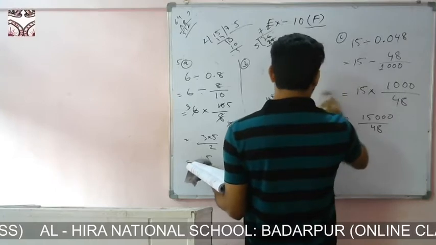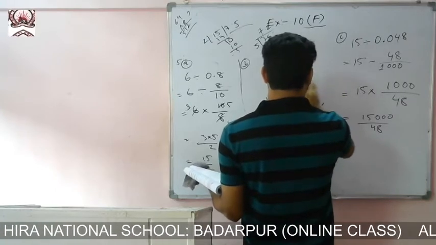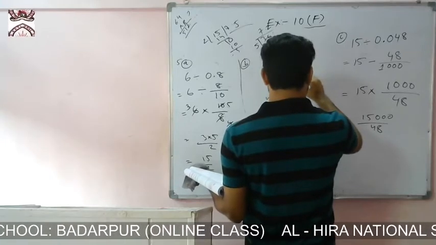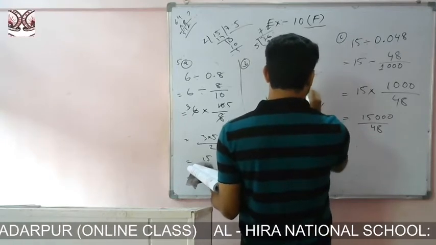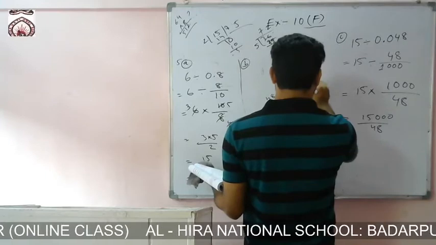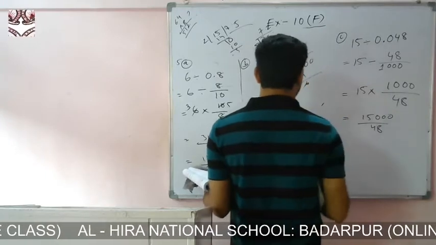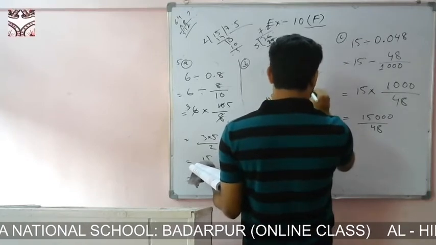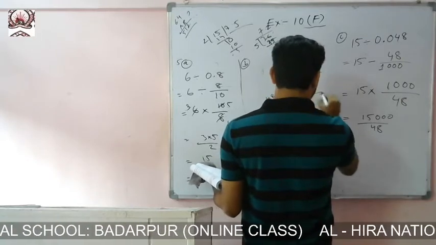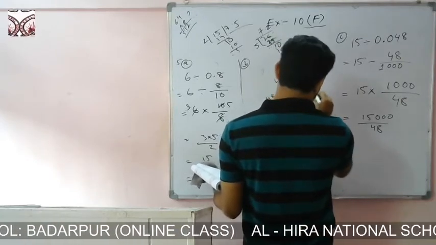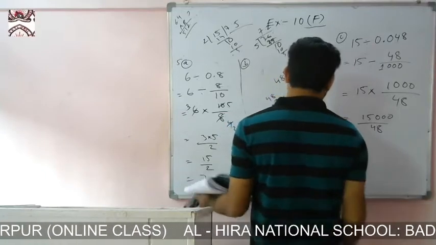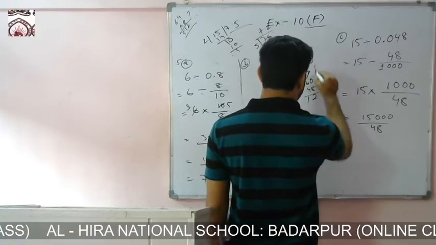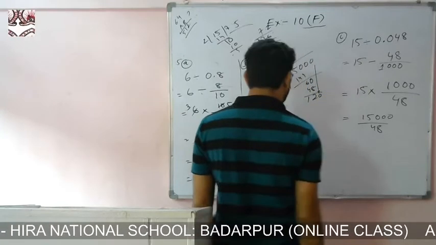You write this one like this. 48 3s are 144. Okay. After that you write this one like this. Here 6. Okay. 60. Then 1. Then 48. Here remain 10. 10 minus 8, 2. Here remain 5. 5 minus 4, 1. So not divisible, so we'll take this 0. 120.